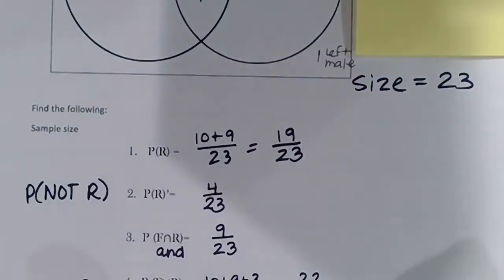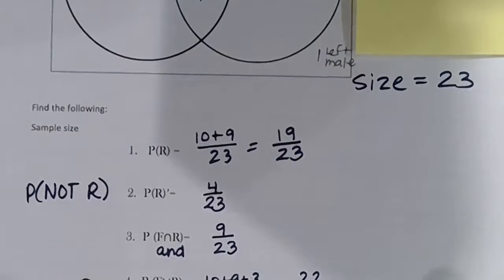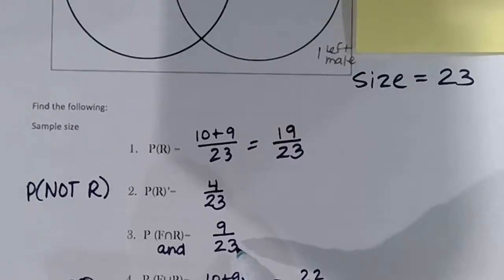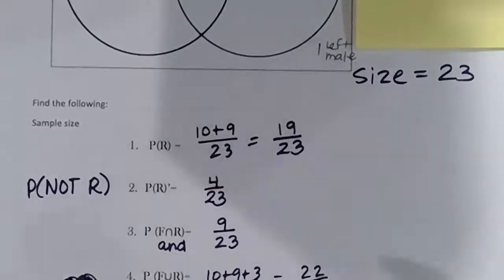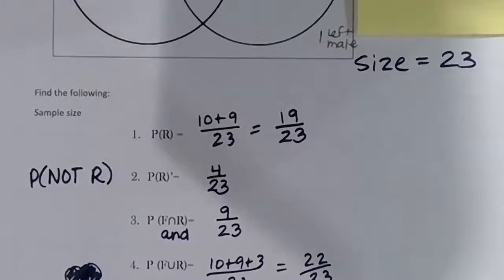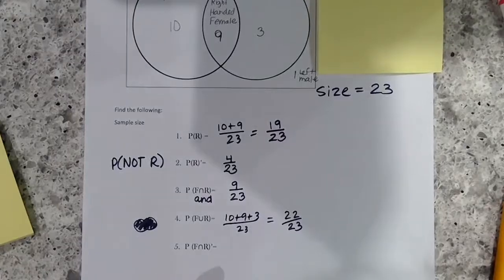Well, probability that they're not right-handed. Oh, wait. This is a probability that they're female and right-handed. Well, if they're female and right-handed, we know it's 9 out of 23. So probability that they're not is going to be 1 minus that. So you can either just think about it in this case because you have the diagram, or subtract it.